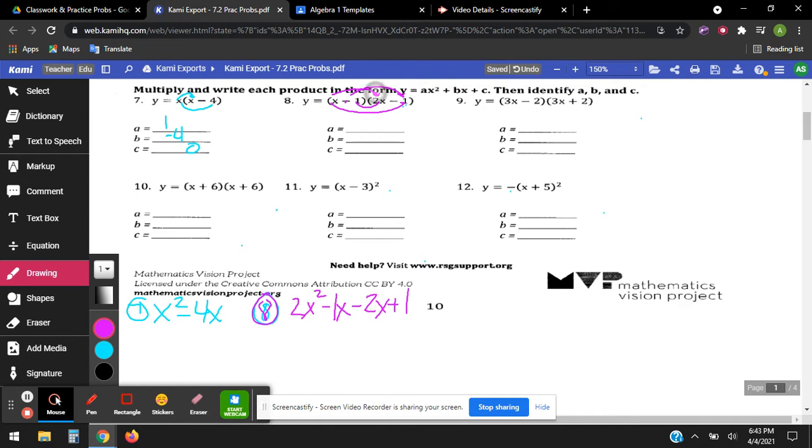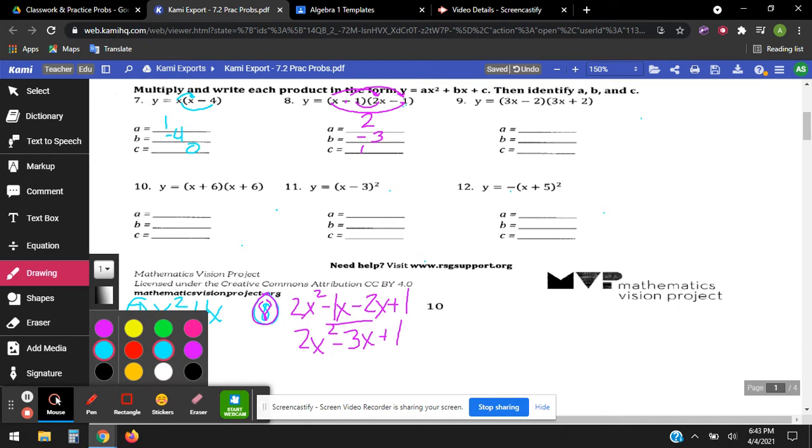So notice, kind of makes a little bit of a smiley face in here. These are kind of the eyes, nose, and mouth. I've got to take and distribute each of these pieces to each of the other pieces. So when I combine these guys, then down here, 2x squared, negative 1 minus 2 is negative 3x plus 1.